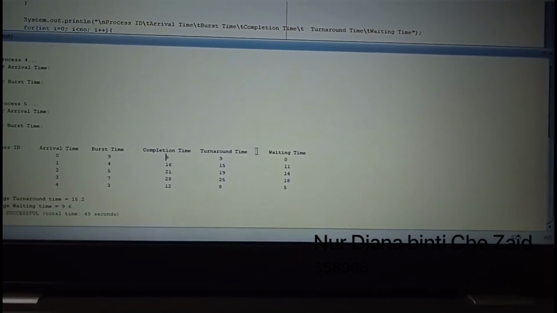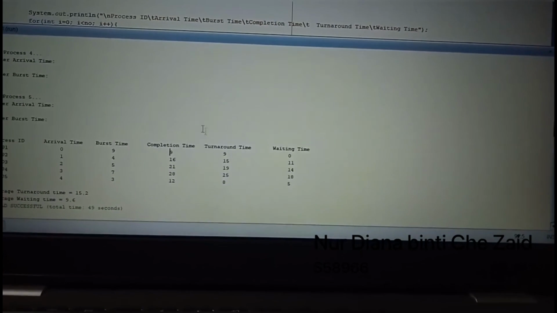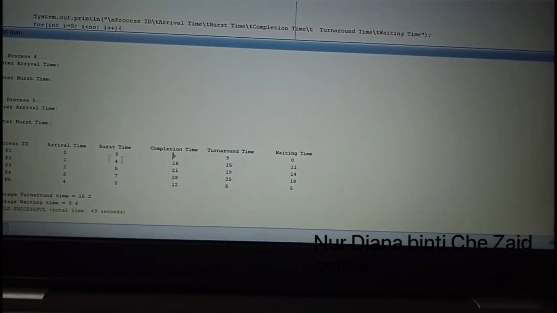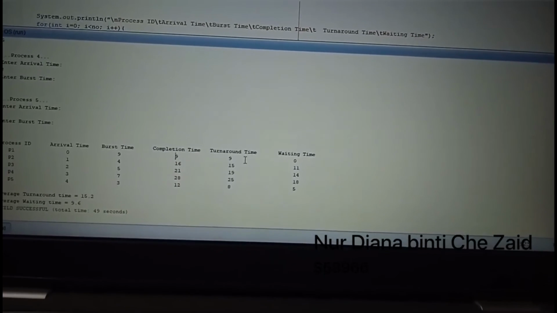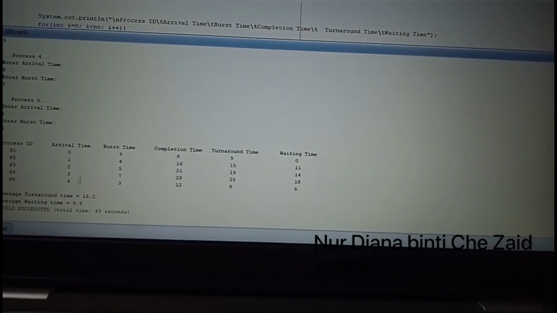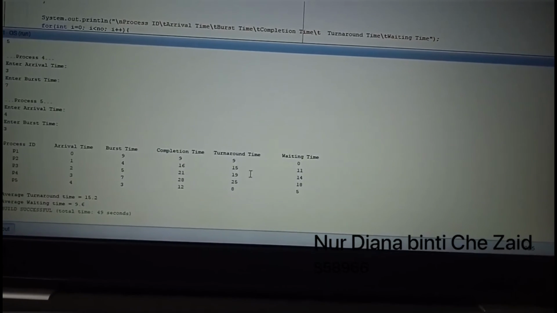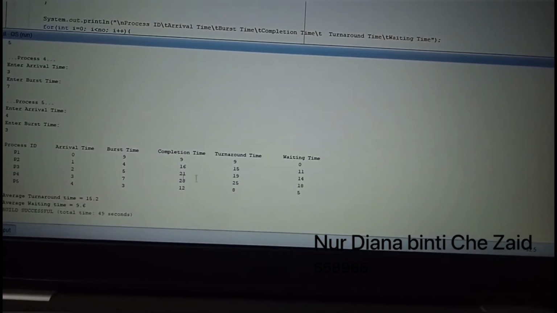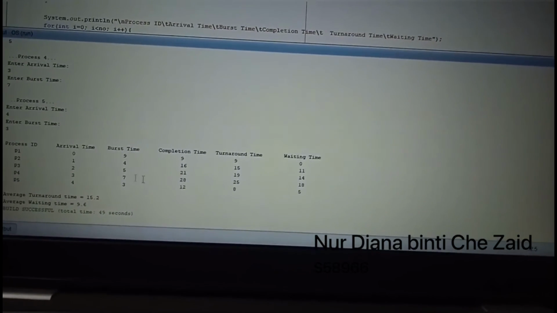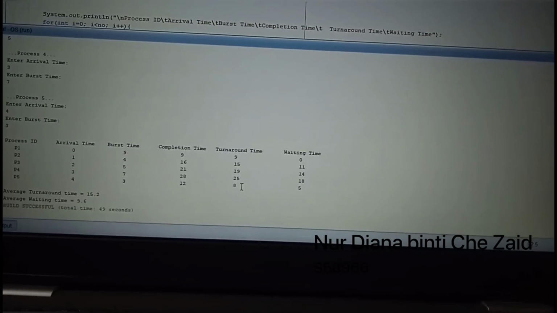To get the turnaround time, completion time minus arrival time. 9 minus 0 is 9. 12 minus 4 is 8. 16 minus 1 is 12. 21 minus 2 is 19. 28 minus 3 is 25.